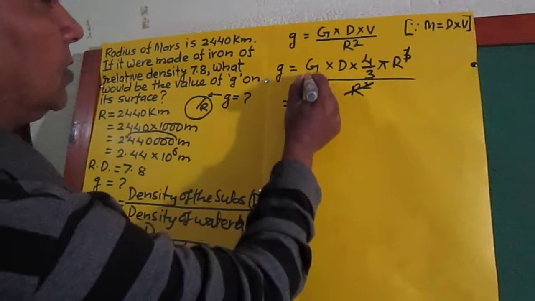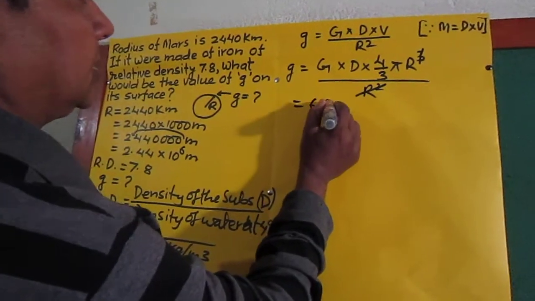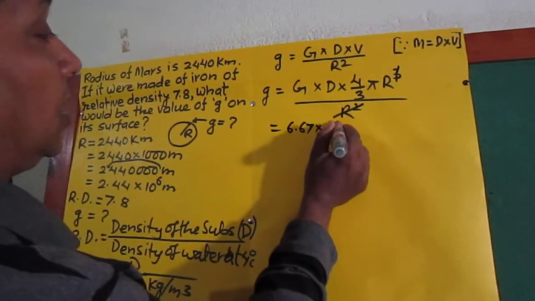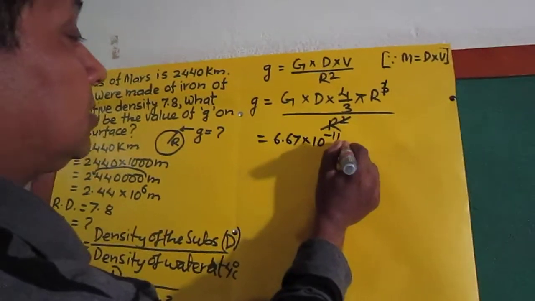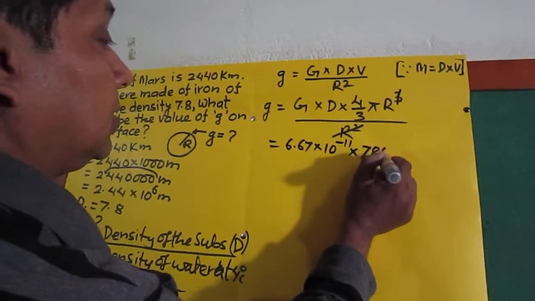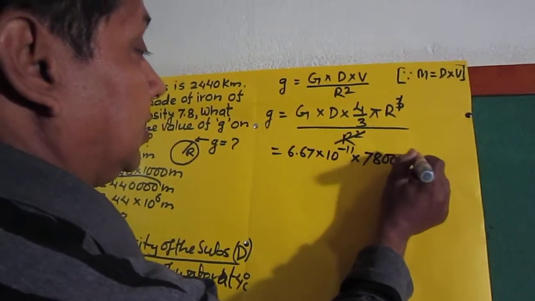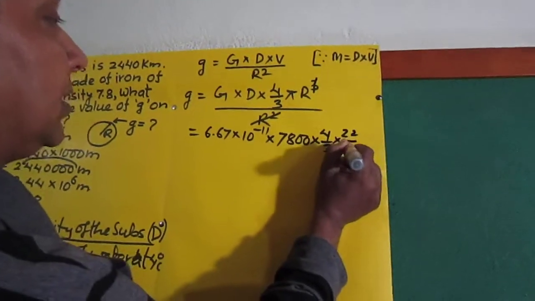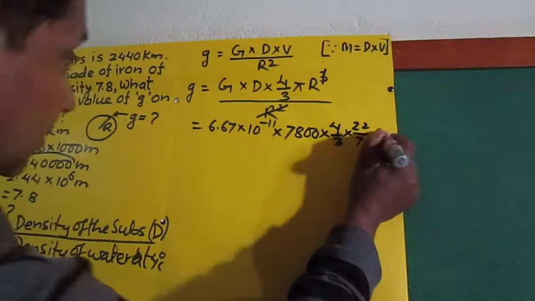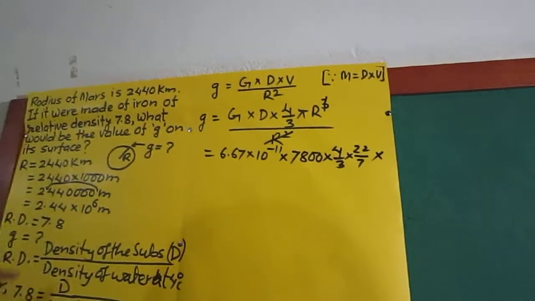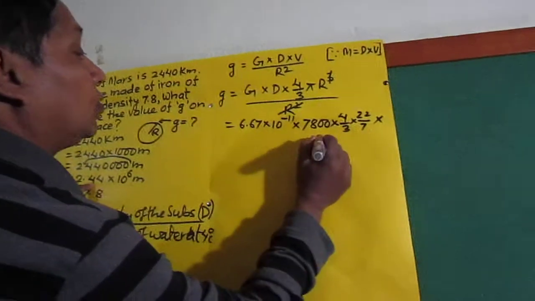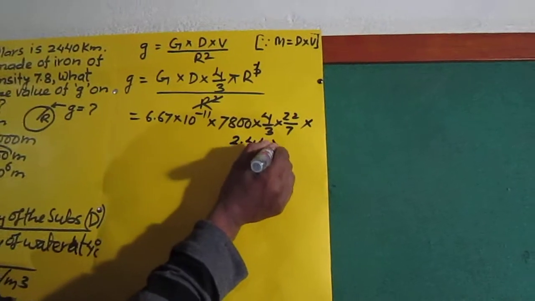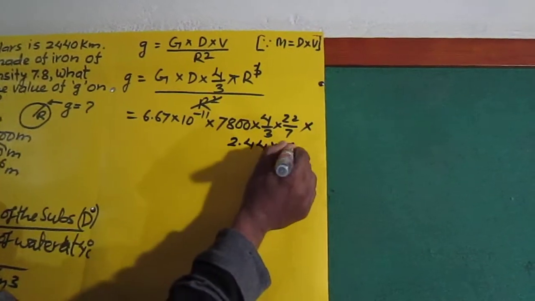This is equal to, G is 6.67 into 10 to the power minus 11, into D is 7800, and 4 by 3 remains same, and pi 22 by 7, and radius is 2.44 into 10 to the power 6.